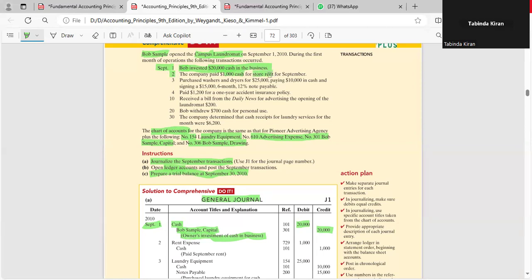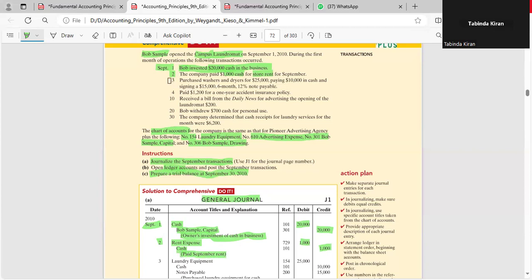So rent expense is the first account and cash is the second account. Rent expense, an increase in expenses, will be recorded as debit, and the decrease in assets will be recorded as credit. So the entry would be rent expense to cash, and the narration is paid September rent.